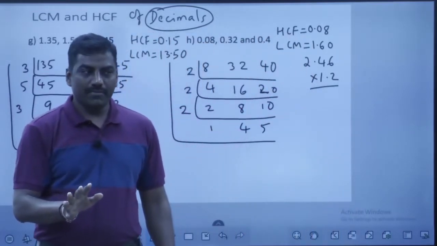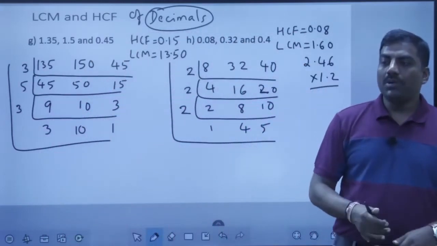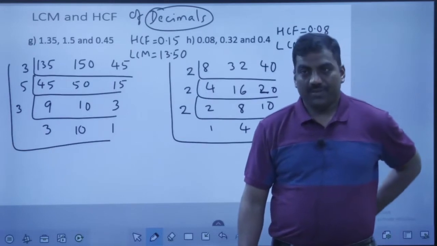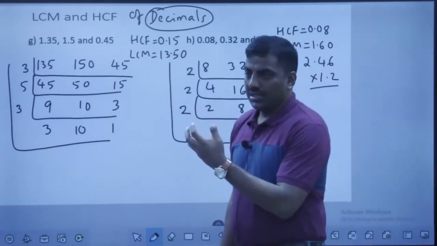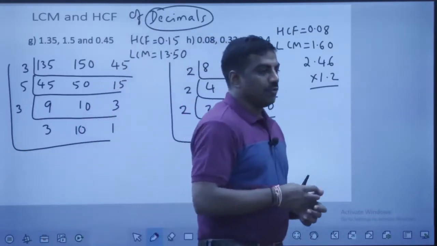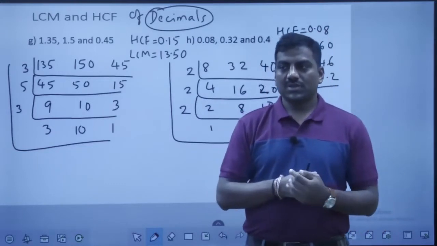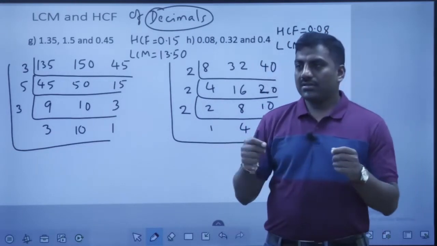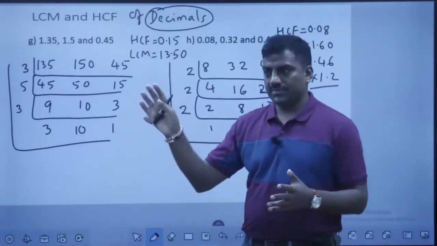Usually, the problems of HCF will be asking for a smaller number. For example, there are 3 ropes of different lengths.